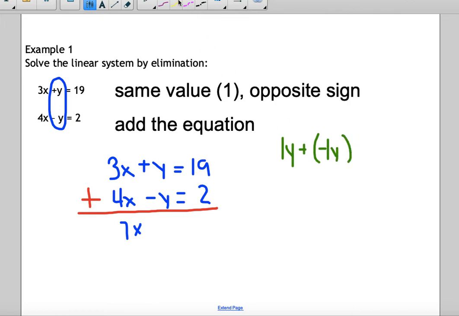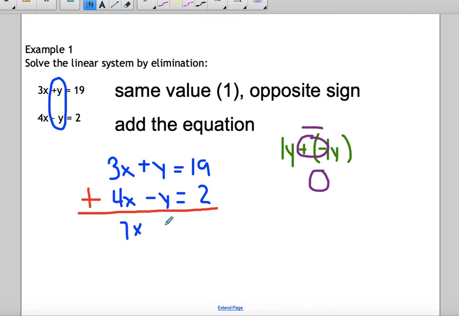When we talked about integers, when we started this course, we said this is a double sign, so this becomes a negative. So I have 1 minus 1, that gives me the 0. So this is where the elimination comes from. Positive 1y plus negative 1y gives me 0.